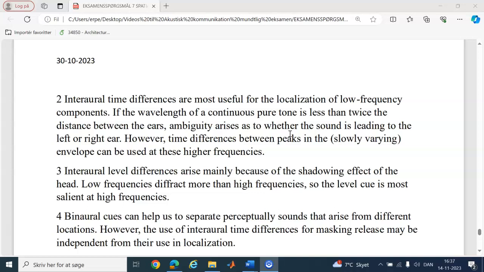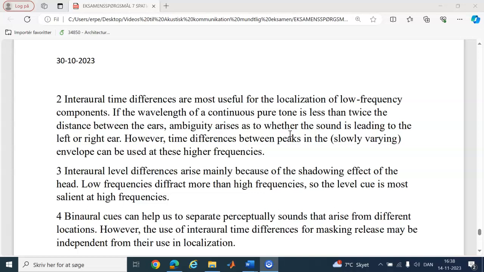If the wavelength of a continuous pure tone is less than twice the distance between the ears, ambiguity arises as to whether the sound is leading to the left or right ear. However, time differences in the peaks of the slowly varying envelope can be used at these higher frequencies.